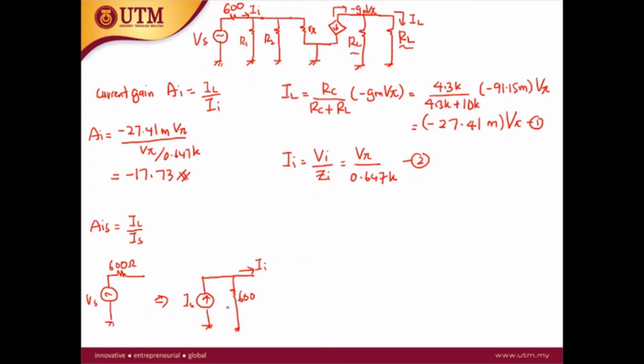When you do the conversion, you can get the relationship between IS and II. II is equal to the current division between 600 and the input impedance. So this is 600 over Zi plus 600 times IS, where Zi is 647.